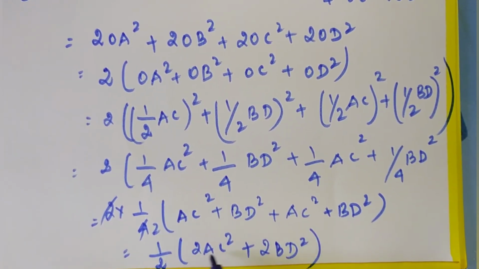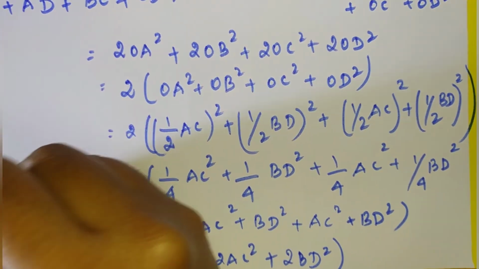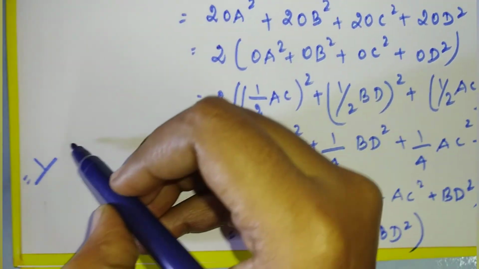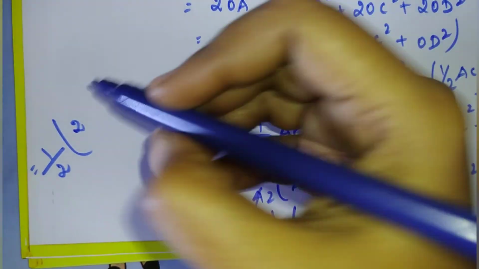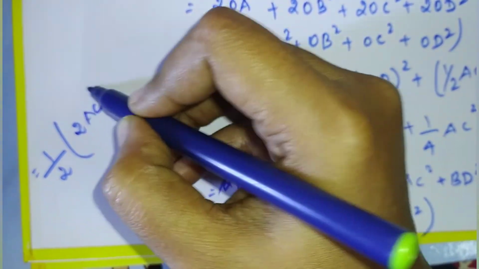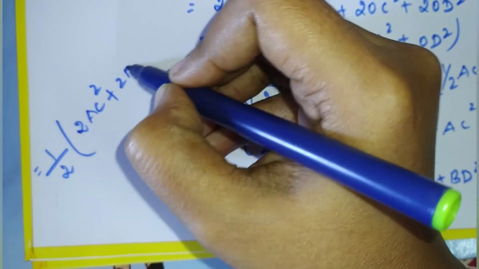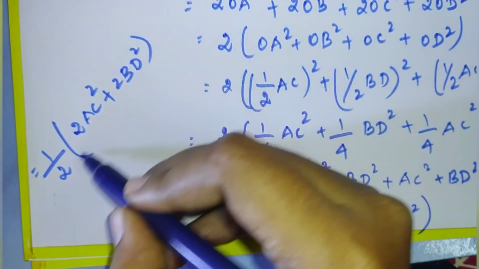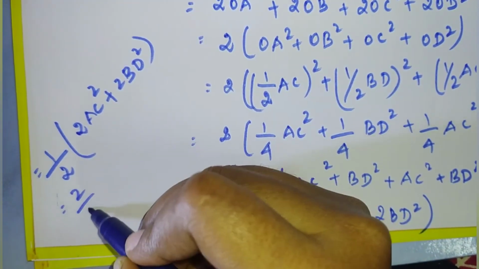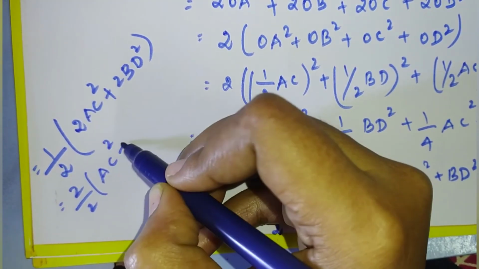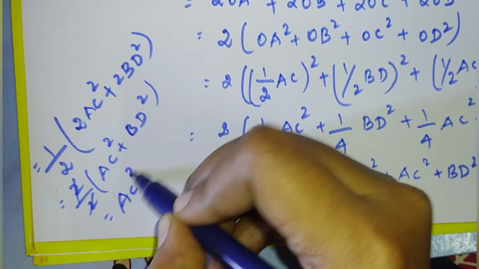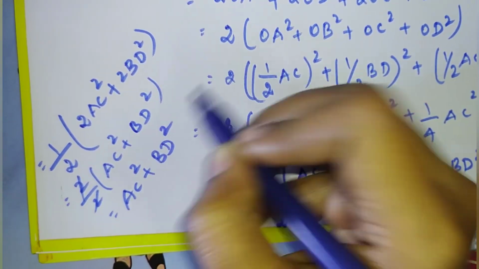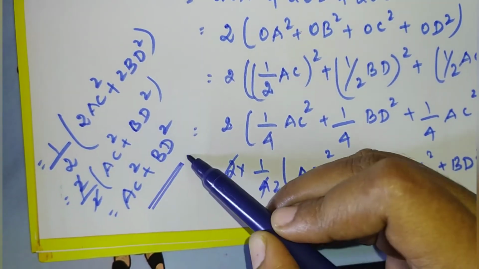So now also we can take the 2 outside. See here, this is the last step I have written there. Take the 2 outside, so the remaining is AC square plus BD square, which is the right hand side.